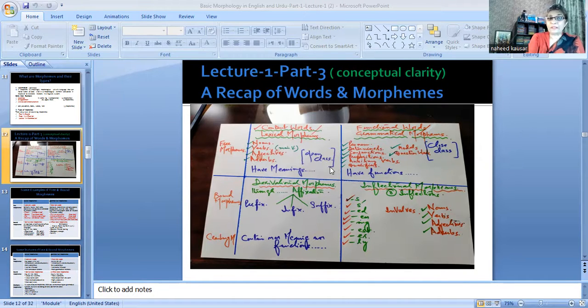In open class, the parts like nouns, verbs, adjectives, and adverbs come, right?